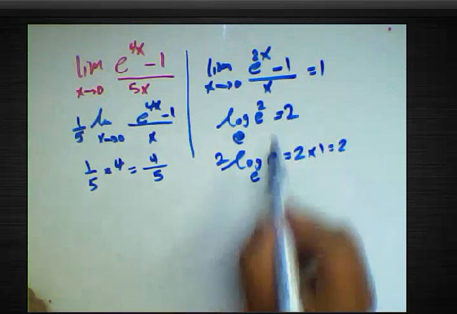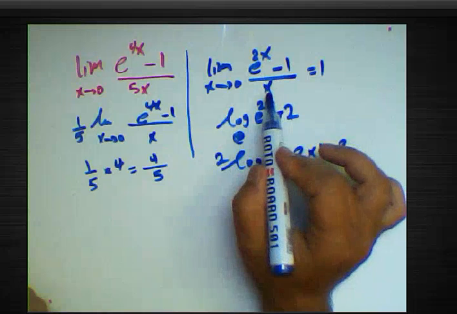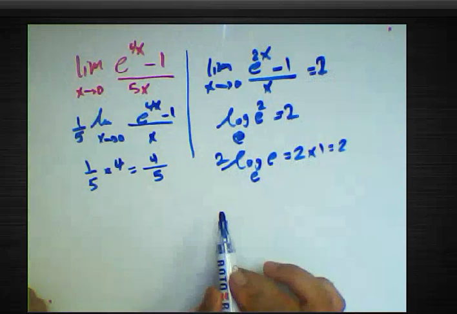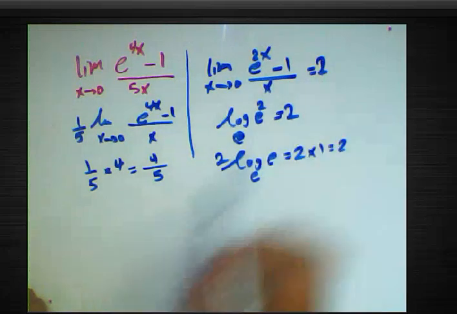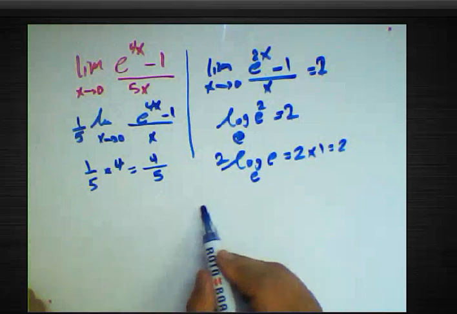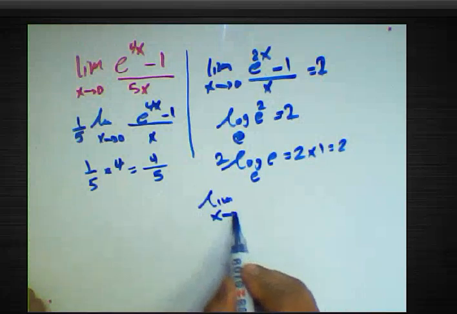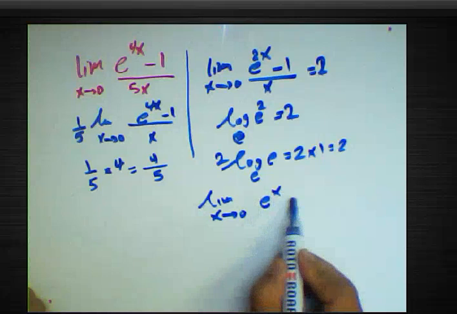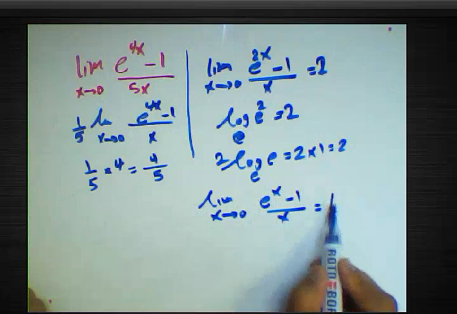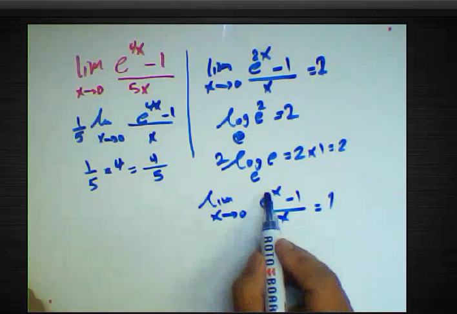So the result of (e to the power 2x minus 1) over x equals 2. If we change the power to 4, it will be 4, and so on. So you must know this rule: the limit as x approaches 0 of (e to the power x minus 1) over x equals 1.